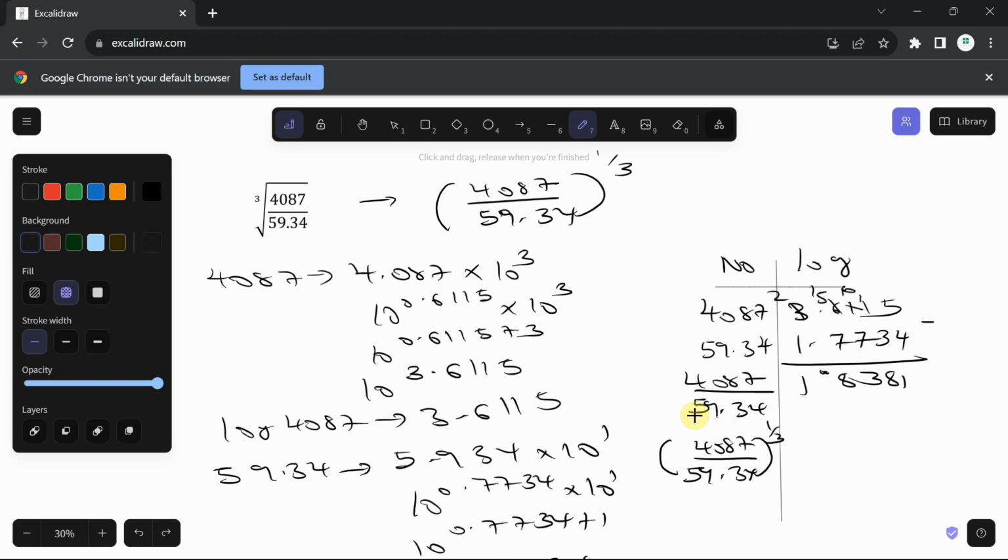Remember I said something that if you have anything raised to the power of anything, it's just like multiplying the log of the inside value by the power. So we know that the log of the inside value, we already found it to be 1.8381, right? So we just multiply by the power, which is times 1/3. So if you take out your calculator, I want to take it out and press 1.8381 divided by 3.